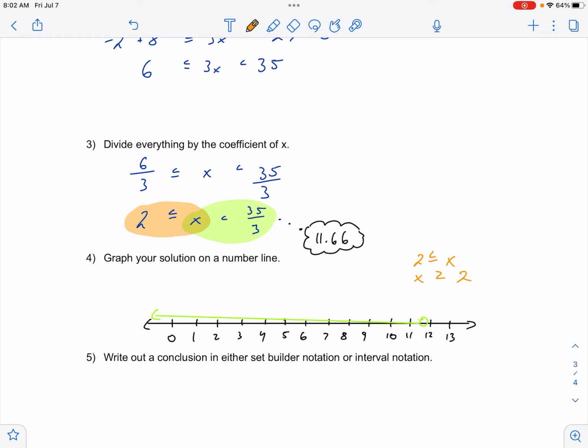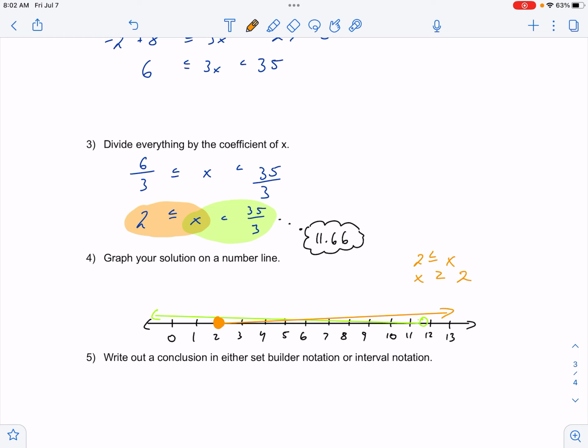X must be bigger than 2. Like the first sentence said, 2 must be less than x, but here we've got x must be bigger than 2. So I'm going to draw a circle on the 2. This time I am going to color it in because it's also equal to. And now I'm going to draw an arrow this way. I know my arrows have ended up on diagonals, but here's what it is.